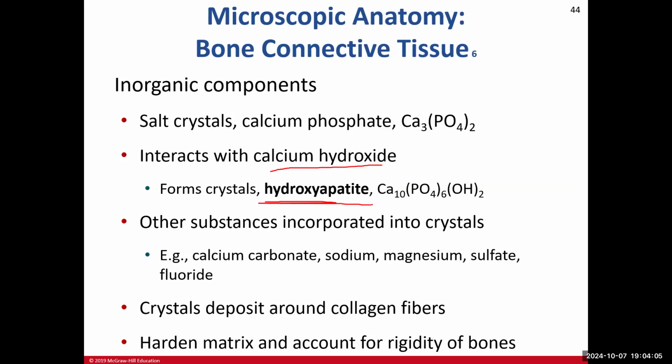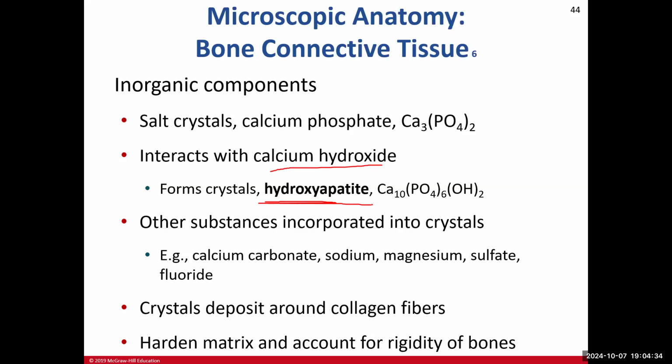And so what will happen is all these different molecules, what I like to call bone salts, will form this hydroxyapatite. And that hydroxyapatite will essentially move into the osteoid. And as that material, the hydroxyapatite, the bone salts, are moving into the osteoid, it starts the process of calcification.